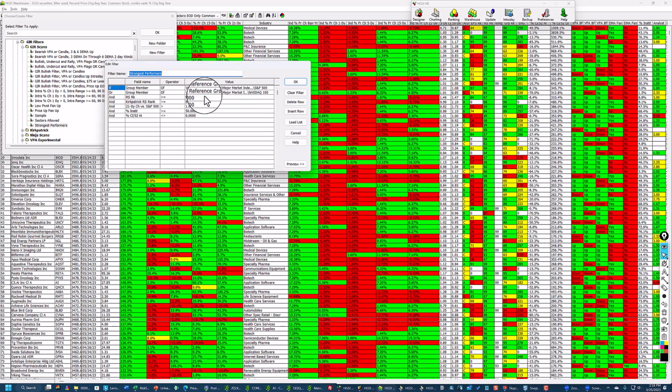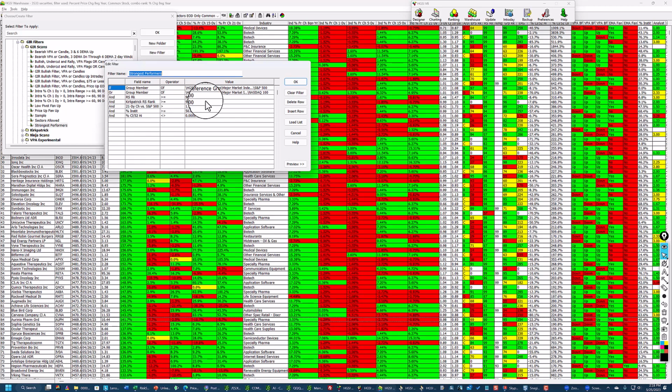We know that relative strength is one of the best comparisons. Now you say, well, relative strength, what does that mean? It means it's a comparison at a point in time with all the other stocks in the database.